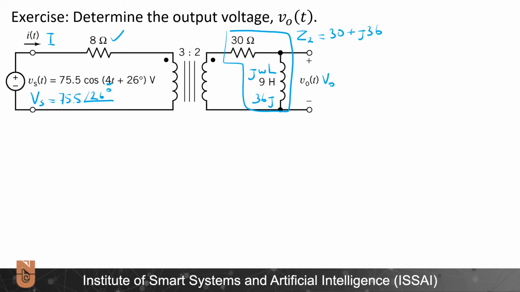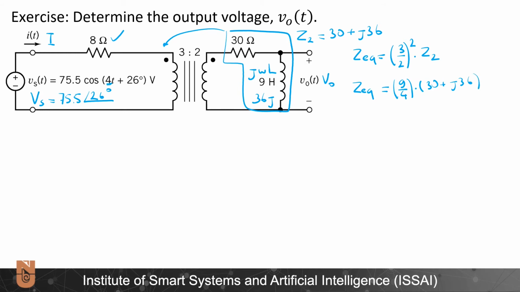And I will now redraw this circuit, this time by reflecting this impedance to this side, and it will be Z equivalent, which is equal to (3/2) squared times Z2, and this is equal to 9 over 4 times 30 plus j36.